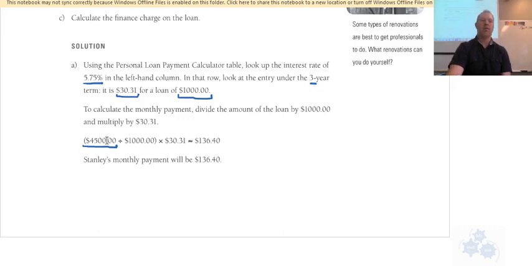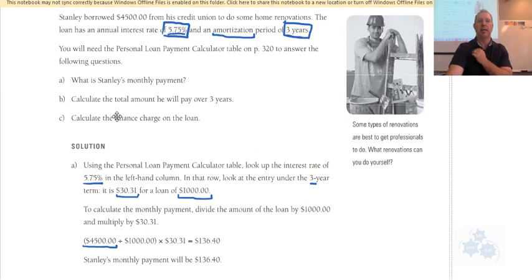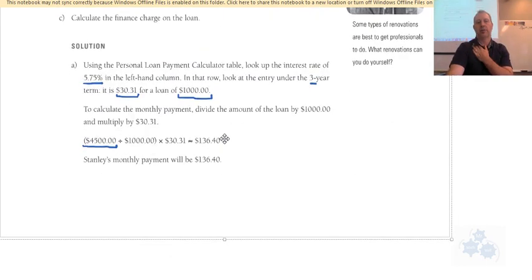So it's going to be 4,500 divided by 1,000 times 30.31 for every 1,000. So you're going to get a number of 136.40. That's going to be the payment. Okay. All right, so let's go back to B here. What does B say? Calculate the total amount that he will pay over 3 years.